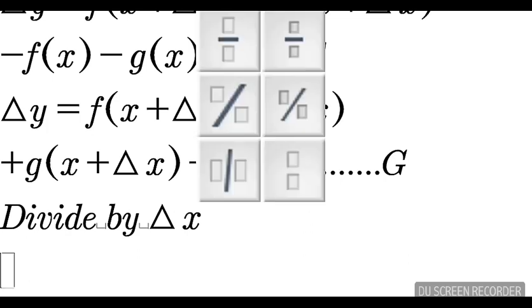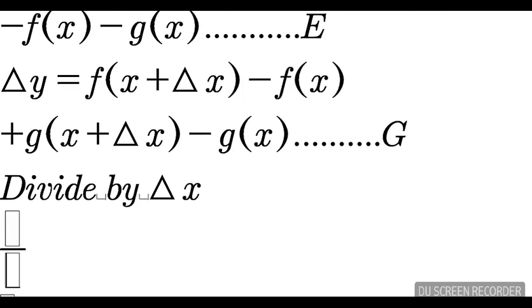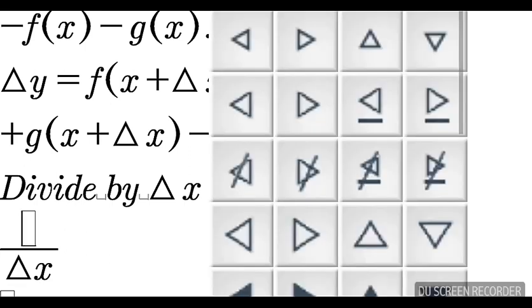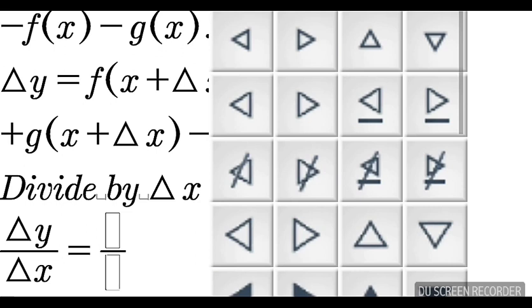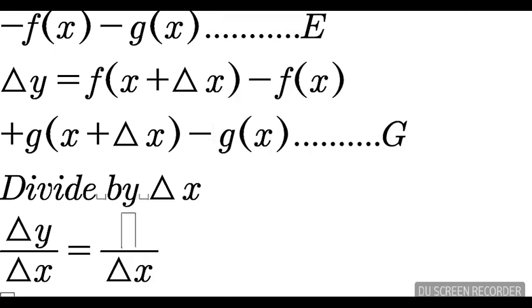That gives me delta y over delta x equal to, since delta x is our divisor, let's do that one first, then we go to the dividend.